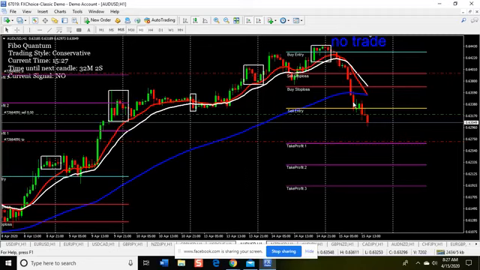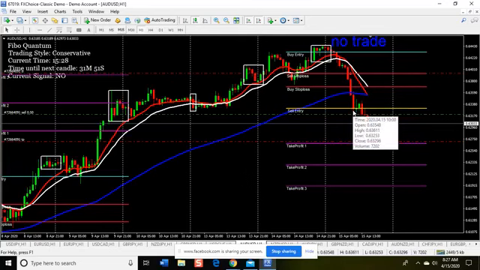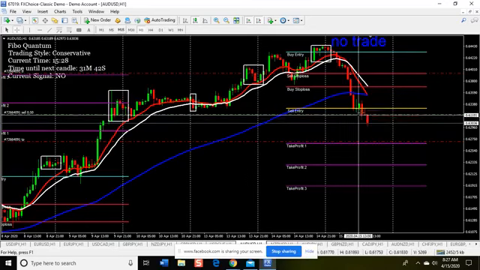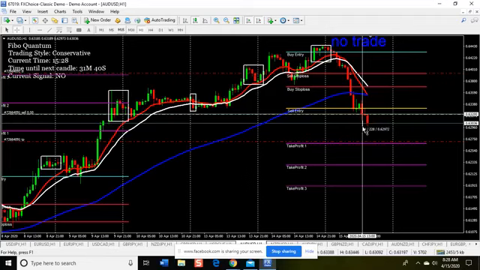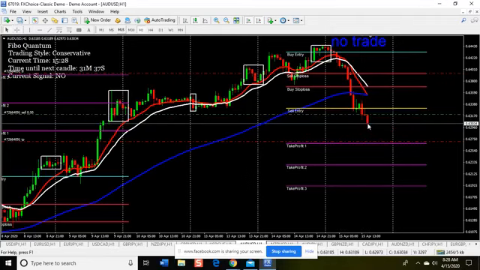And sure enough, here today we get it, right? The price drops down below the 89-day right here, closes down below. The faster moving averages are pointing straight down. Then right here, it gives the sell entry. We missed it by a little bit. We got in right here. So this is down about 20 pips right now.